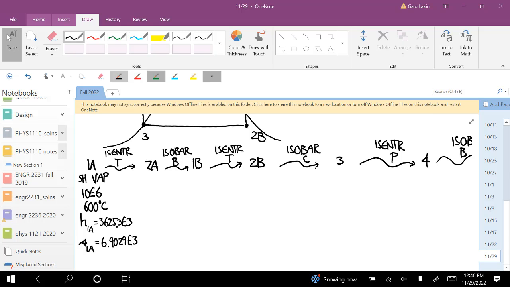Since this is an isentropic turbine, this first stage turbine, we can use that as one of the properties that we need, whether it's a mixed phase at saturation here, or whether it's still a superheated vapor. In this case, it's a superheated vapor.